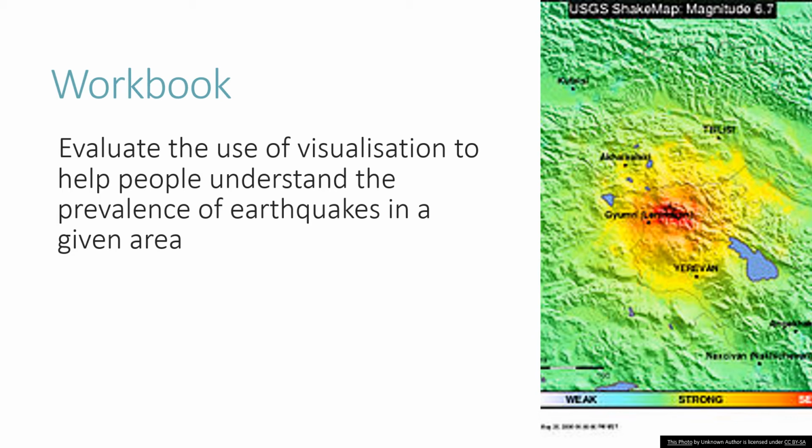So remember, you have to show that you understand what visualization means. You have to explain how visualization would be applied to this problem, and what are the good and bad aspects of using visualization for this purpose.